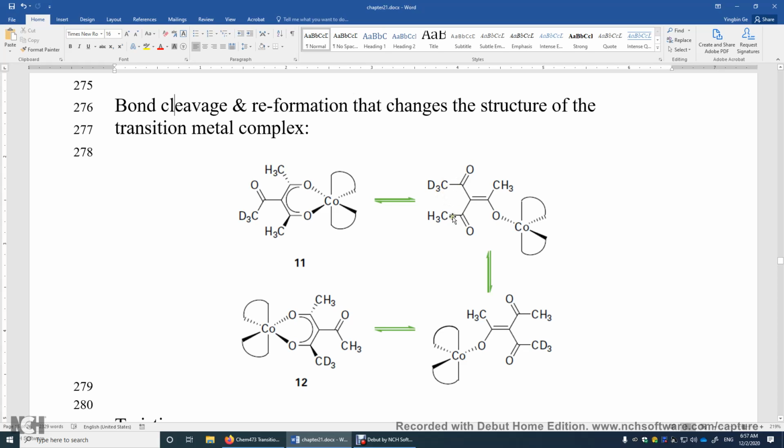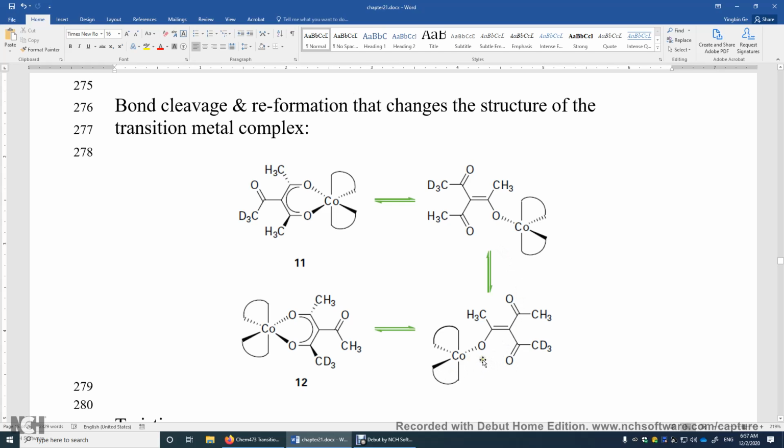This carbon is bonded to CH3, so these two oxygens are different. Now you can go from here to here really easily, and then this oxygen is really close to the cobalt. In here this oxygen is close to cobalt. In here this oxygen is close to cobalt. You just need to do some rotation of some single bonds. So this is achievable.